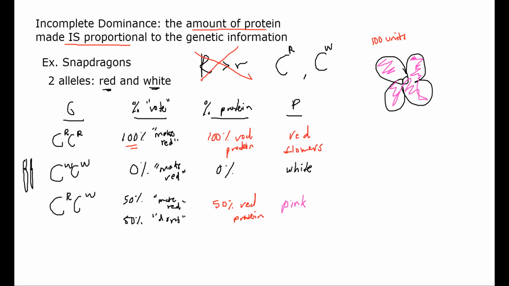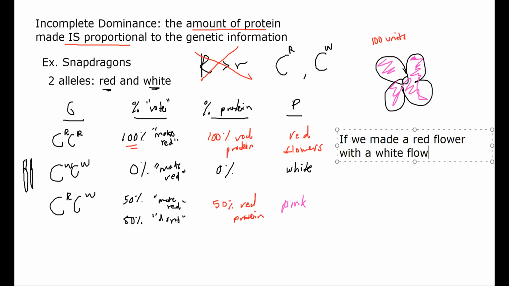Okay, so this brings us to our first little practice question for today. I'm gonna go ahead and write this out, and then we'll solve it really quick. Okay, if you mate a red flower with a white flower, what are the ratios? Okay, the phenotypic ratios. I'm talking about the color here.